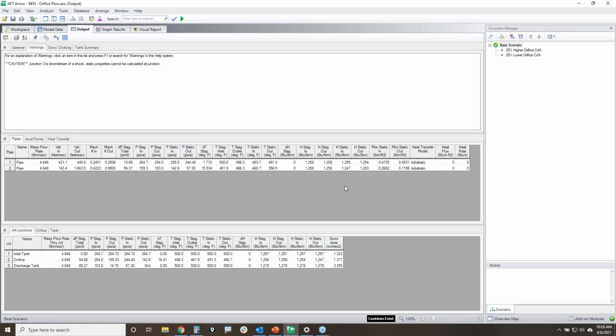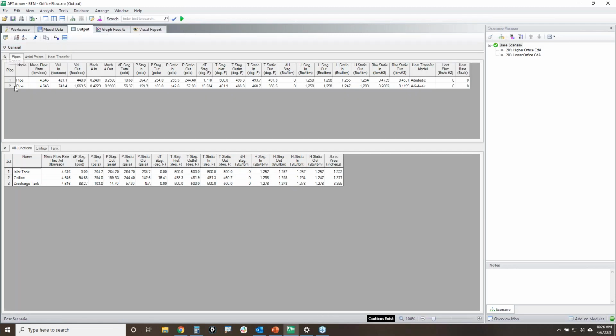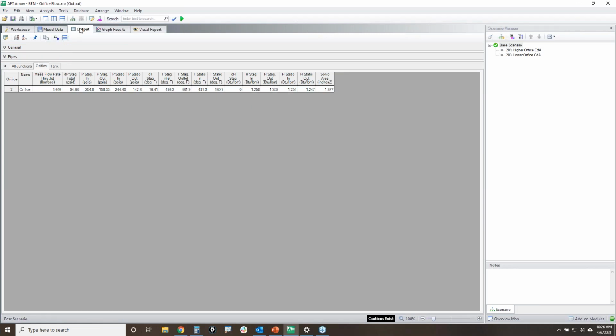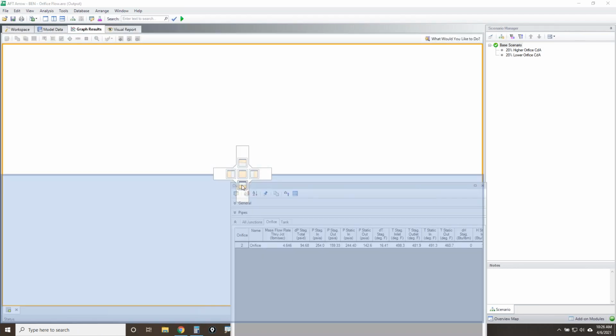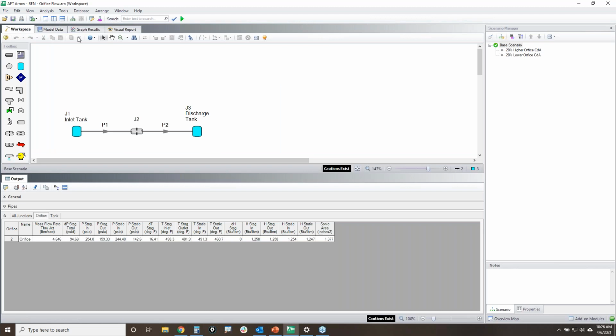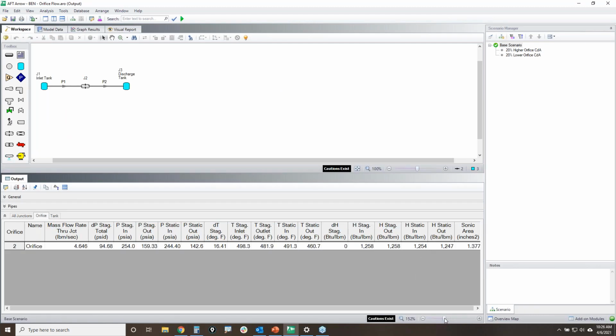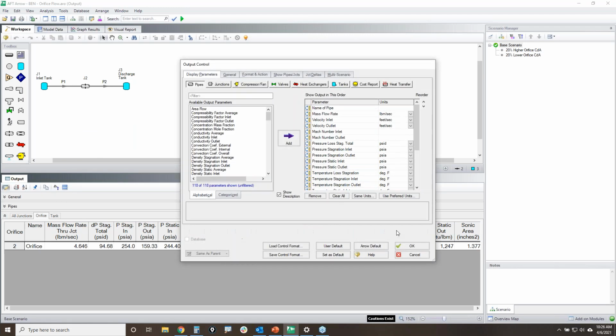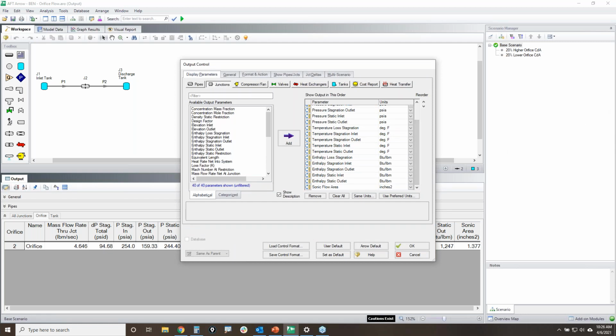take a look at our results. And what I'm going to do is focus on the results in this fashion. All right, let's rearrange the output a little bit. So remember that sonic area that I was talking about? That is this parameter right here.